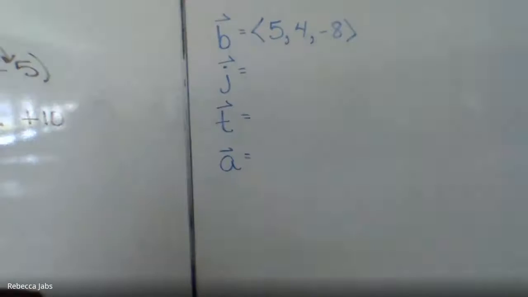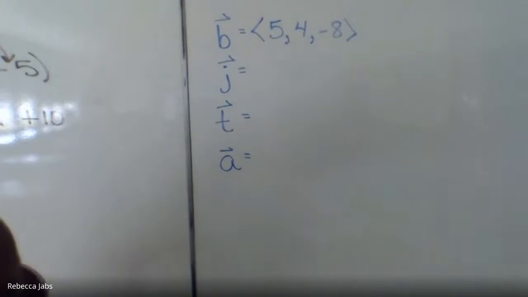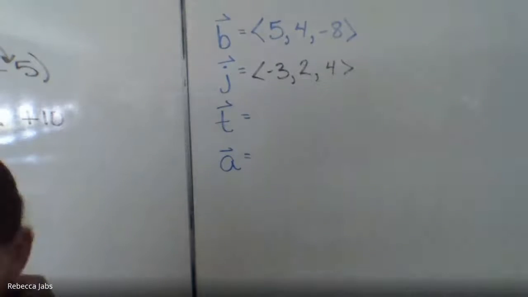Boom. Okay, Jamie, if you would please tell me 3 numbers. -3, 2, and 4. Tylen, if you would please tell me 3 numbers.